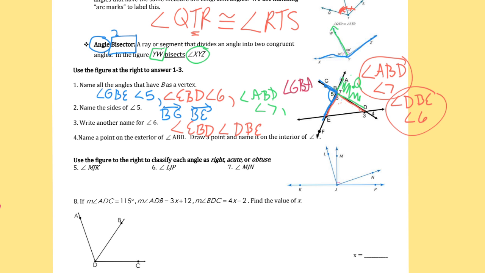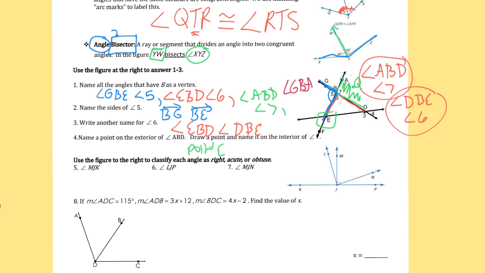Do you see one that's not within the little yard of angle ABD? You could say point E, point F, point G. Any point that is not between the two rays, the two sides of it. So you could write point E or point F, but not any of those guys there.